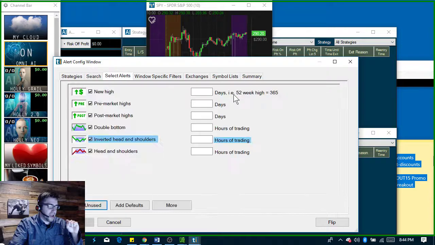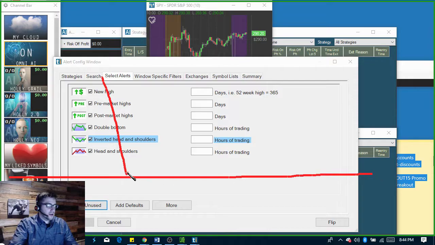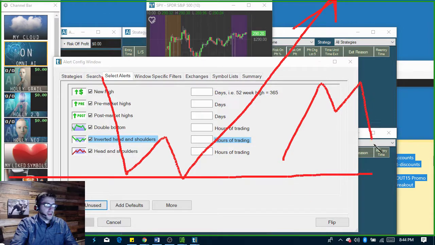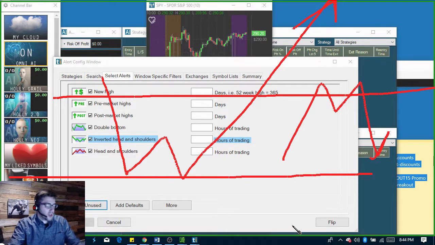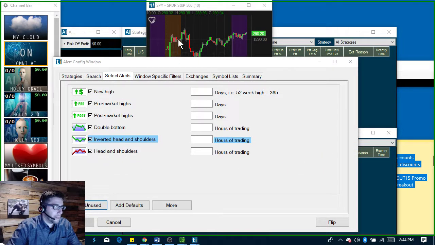So you can see here I have an inverted head and shoulders, I have a regular head and shoulders, I have a double bottom, which we didn't talk about, by the way. Double bottom typically just does this. It'll hit a support line twice and then shoot to the upside. Or you could have a double top, hits the resistance twice and shoots to the downside. So I can put all of these in quite simply.